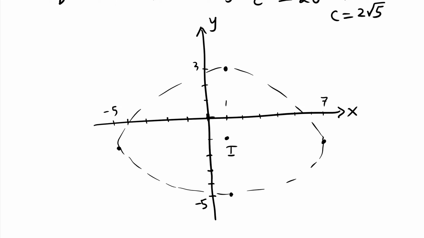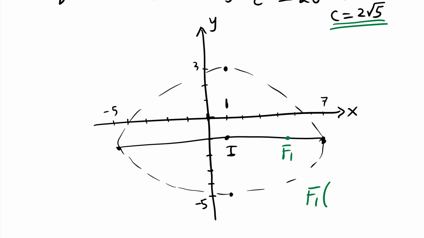If I want to find the coordinates of the foci, you can connect these together. From I, we travel c distance to the right. C is 2 root 5. Let's say, randomly here, F1.